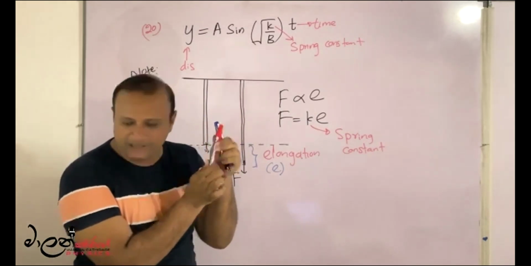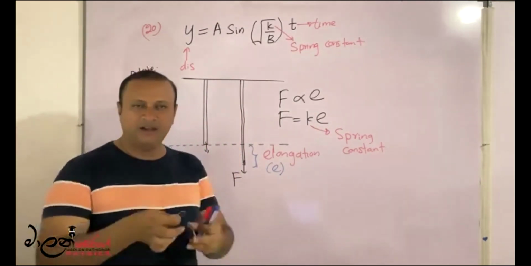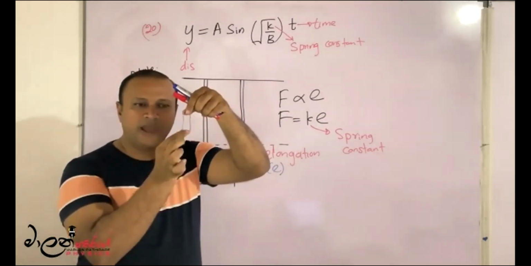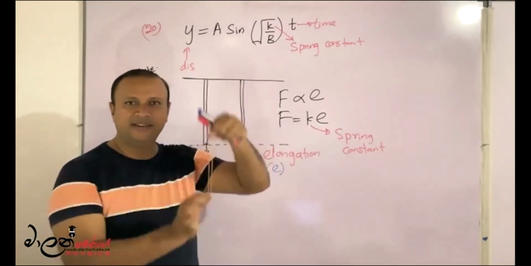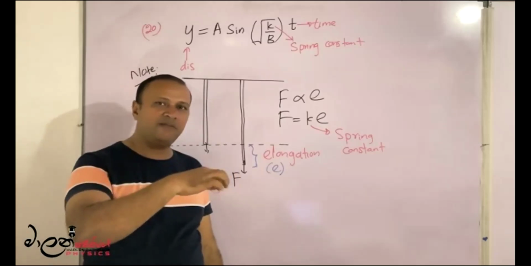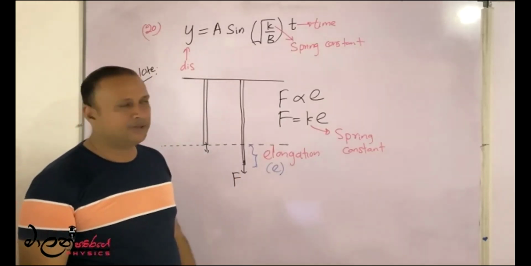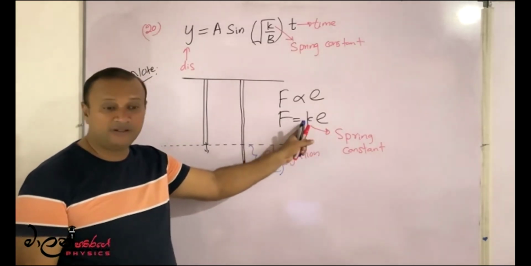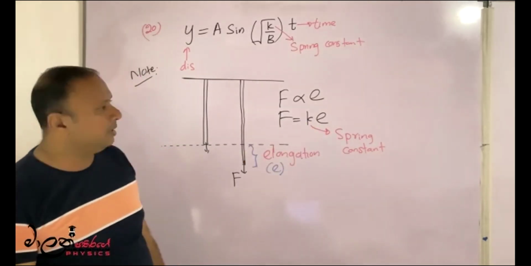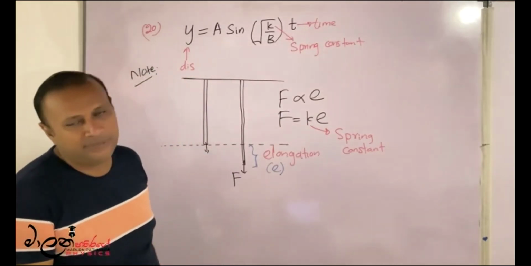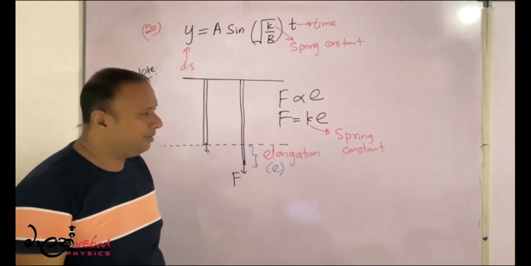No, it is very hard. But you can deform this rubber band. It is very easy. So that depends on this K value. The K value is called the spring constant of a material.